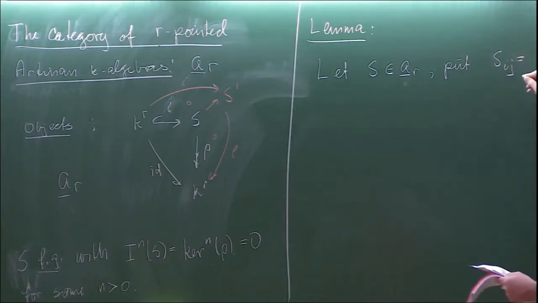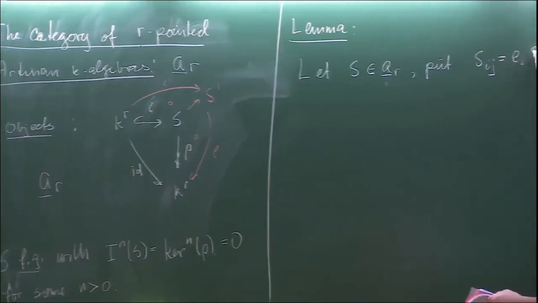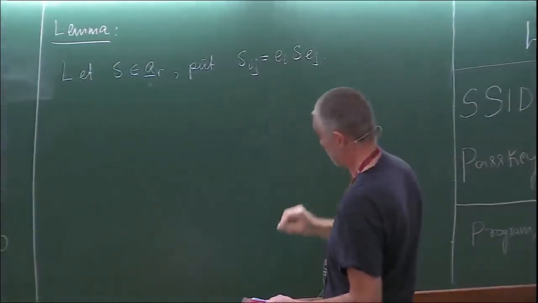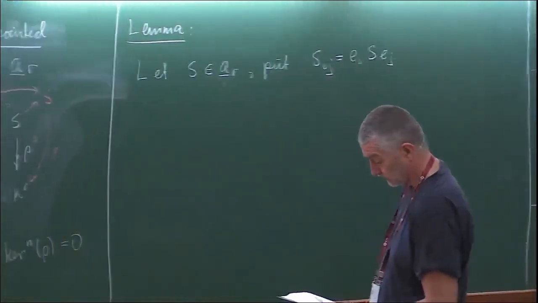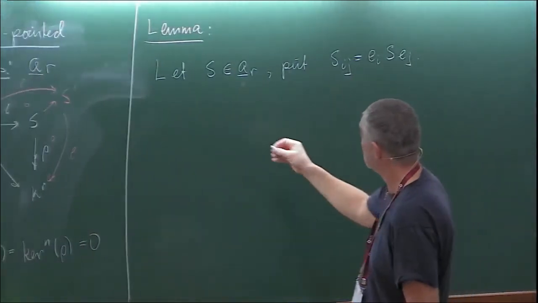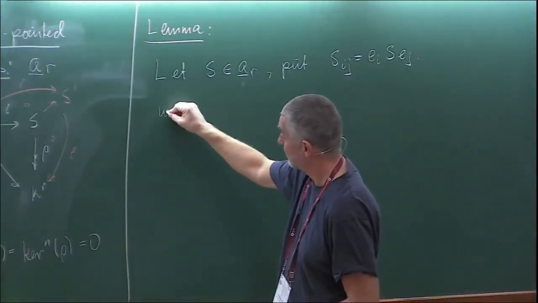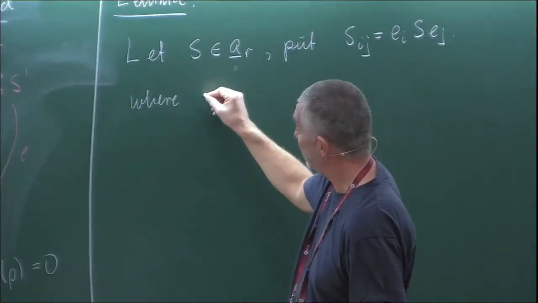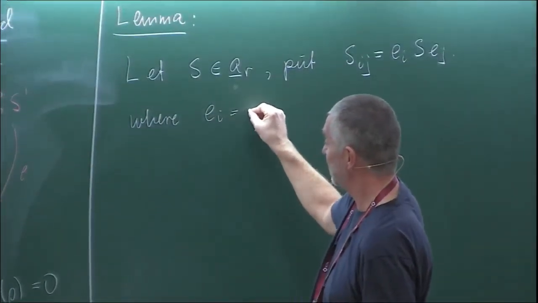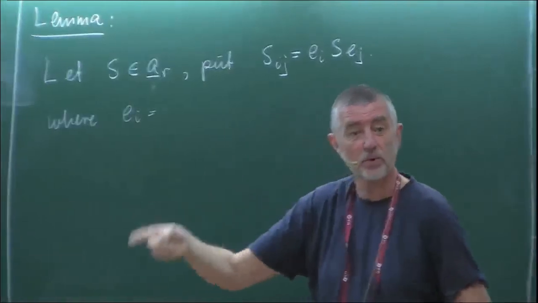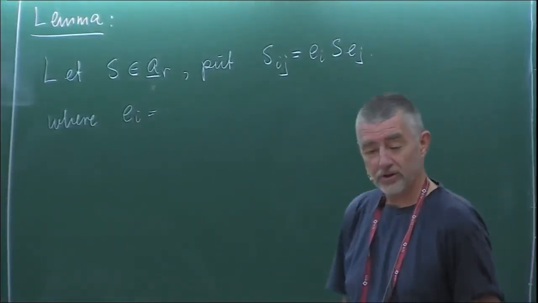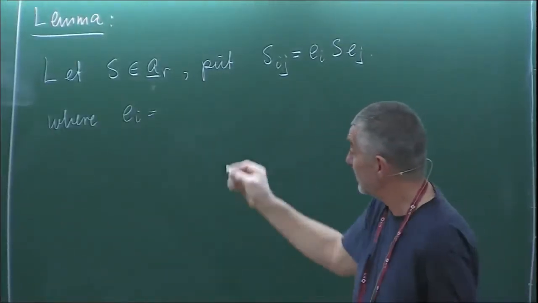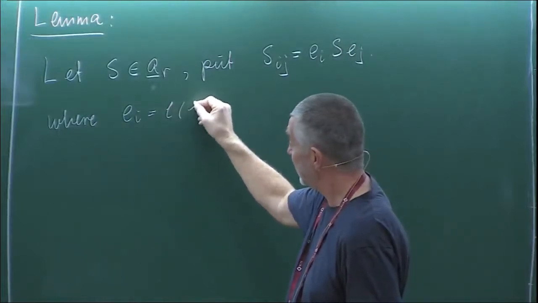S_ij equal to e_i S e_j, where e_i is then, what is that? It's the one with 1 on the ii entry. So it's iota of e_i.